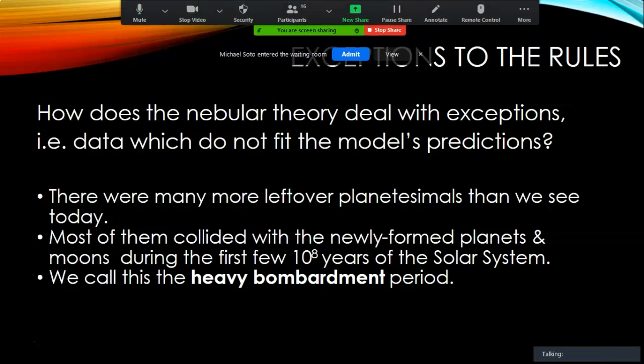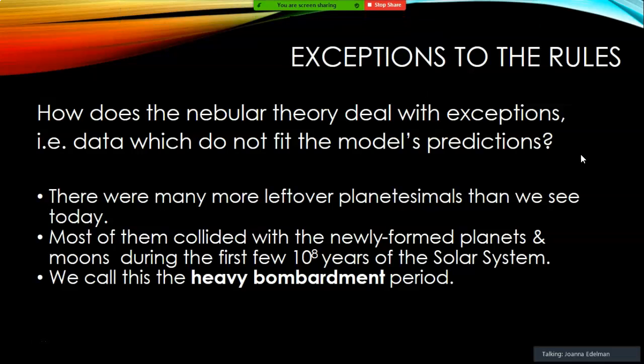So we have this time period where a lot of the planetesimals were going through accretion in which they grew in size. There were a lot of collisions that sometimes allowed different planetesimals to be propelled in different directions.